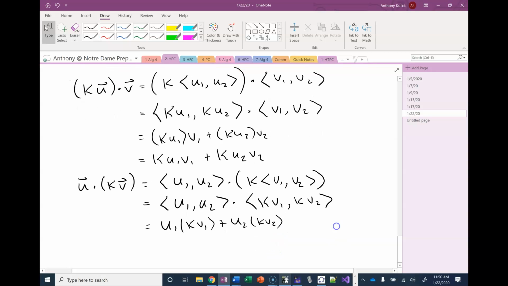And because u1, k, and v1 are all real numbers, I know I can multiply them in any order I want, so I can write them in that order. Similar, u2, k, and v2 are all real numbers, so I can write that multiplication in any order I want, so I'll write it in that order. And I have that the first two things are equal, right? Because they have the same components. Everybody okay there?